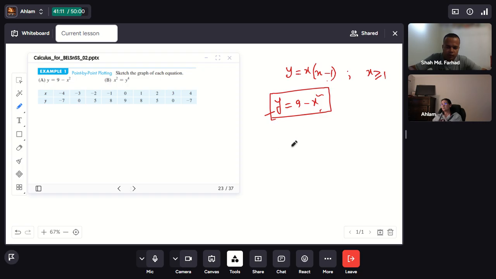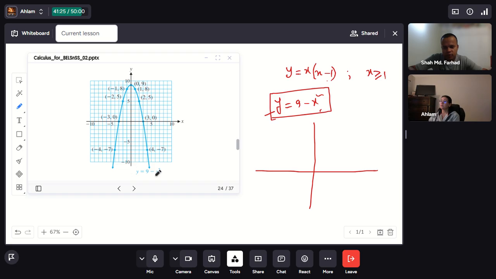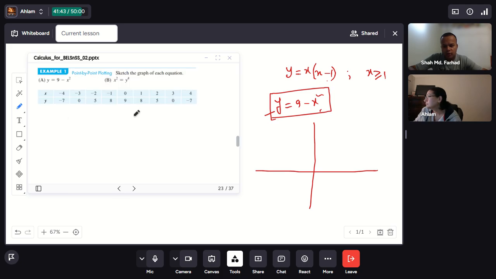Then we put these points on graph paper and join the lines, and you will get the graph. Here is the graph of the first one. We just substitute x by the numbers in the table. That's it. Then we get the table here.